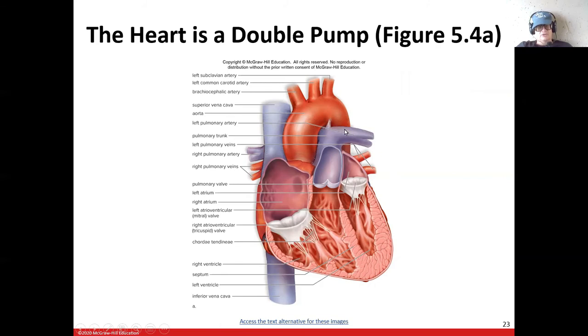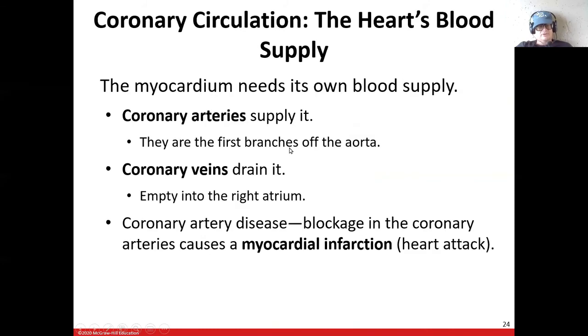Here you have 2 arteries going to the left lung, 2 going to the right lung. Notice that the right one actually passes under the aortic arch and behind the superior vena cava. Anyway, moving on.